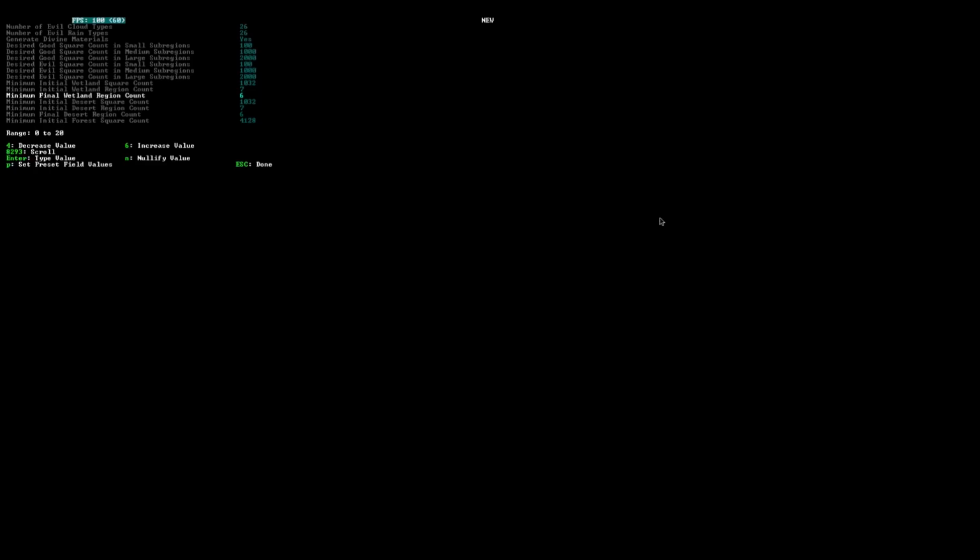Next is the final count, and this is how many regions of the given biome must exist after erosion and similar phases of generation have been completed.